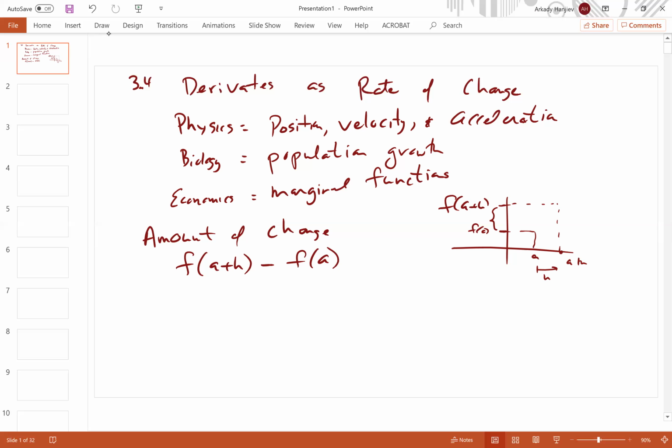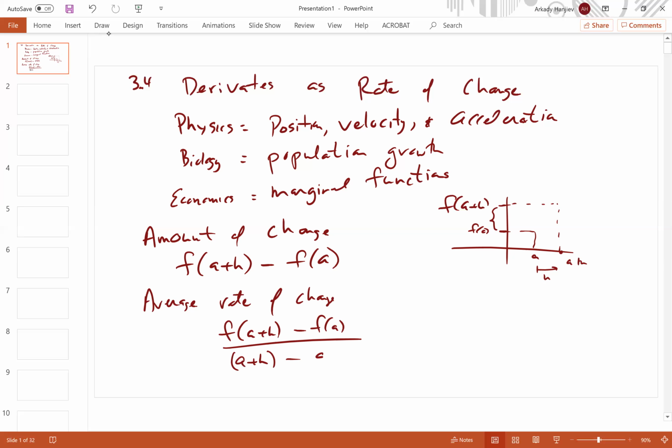So next is the average. If I know that one, I can give us the average rate of change as well. That's pretty easy to give because that's just going to be the same exact formula that we had before, except let's use the slope formula. That would be the slope formula in terms of functions.